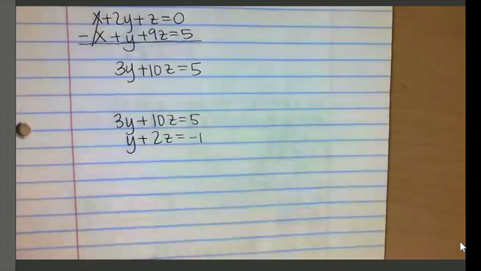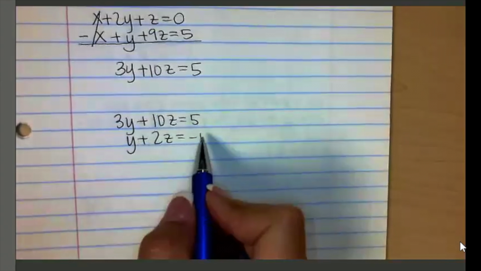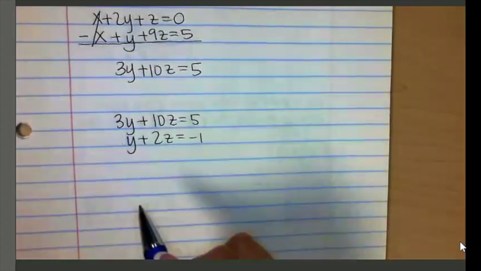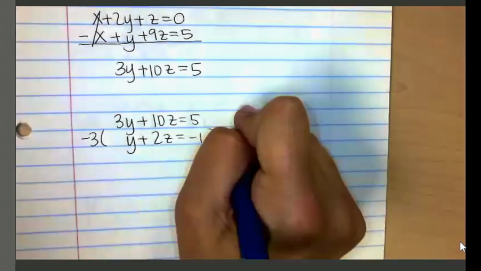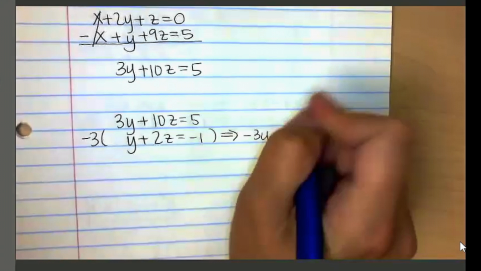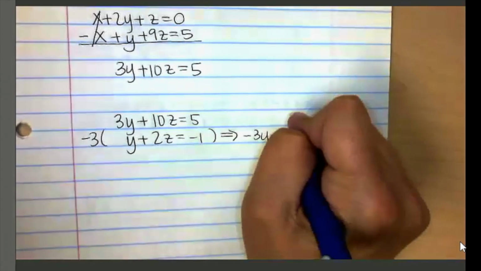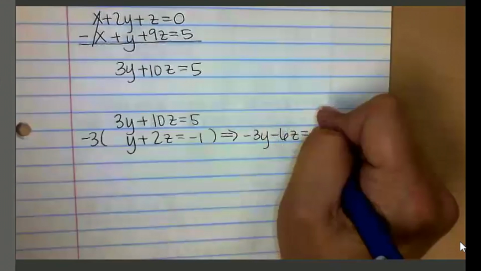Again, I think it's an easy one to eliminate. I can go ahead and multiply this bottom one times -3, and my y's will eliminate. So that's what I'm going to do. I'm going to multiply that times -3. -3y minus 6z is equal to 3.